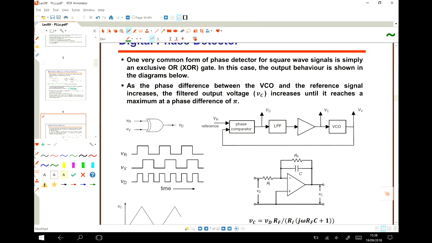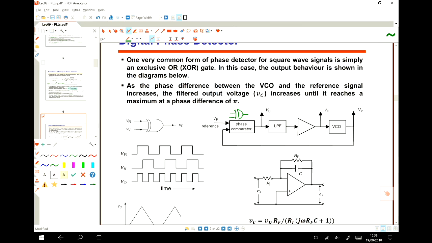So the XOR gate. Again I draw the block diagram that we had here: we have a reference signal, the output of the phase detector, the output of the filter or the input of the VCO, and the output of the VCO. This one is the phase comparator.